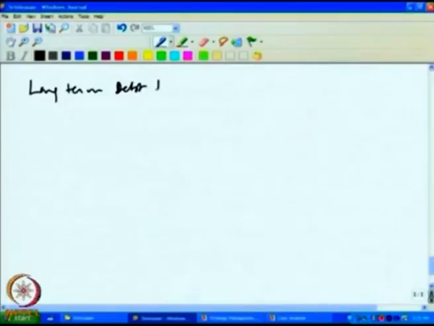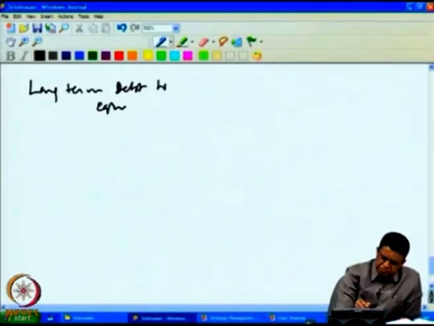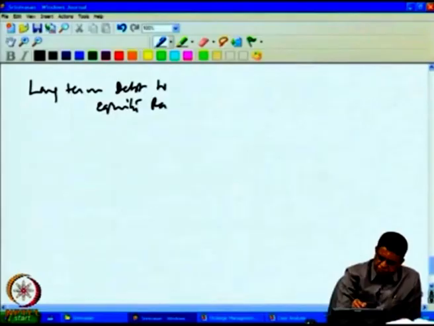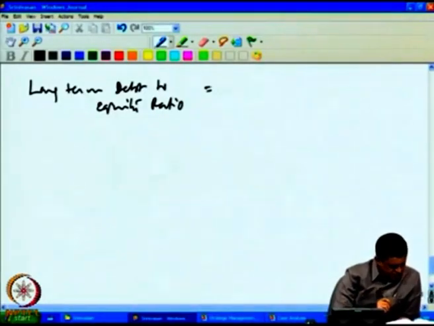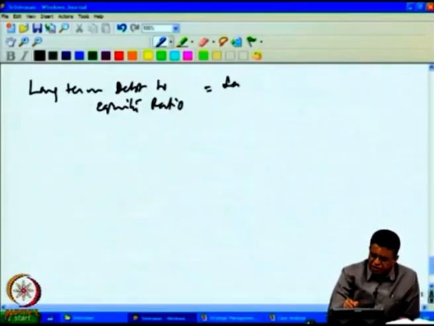Then the next one is the long term debt to equity ratio. What is this long term debt? This long term debt is given to the company for 5 to 10 years.